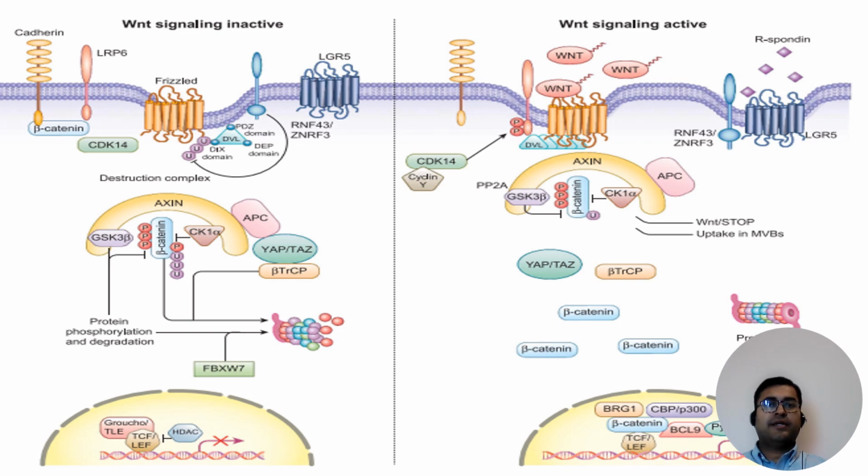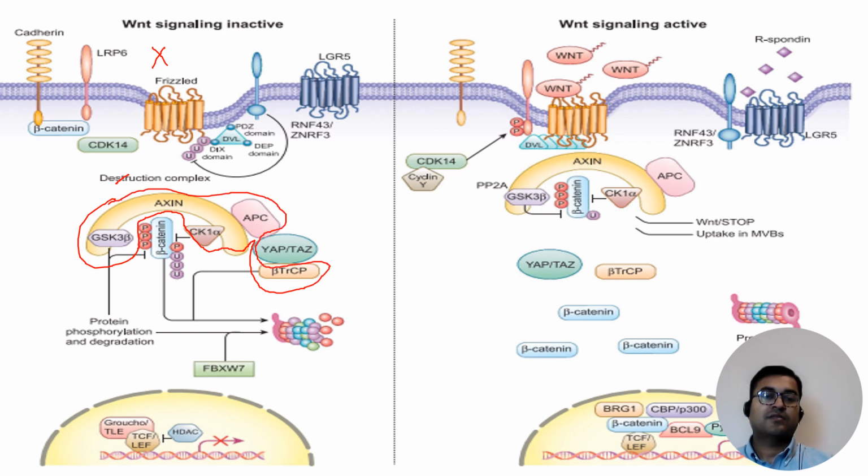Now, let us try to update a little bit about whatever we have discussed about this Wnt signaling pathway. So far we have discussed if there is no Wnt ligand, this destruction complex, which consists of Axin, GSK3 beta, CK1 alpha, APC and beta-TrCP, is going to destroy β-catenin by the process of phosphorylation and ubiquitination.